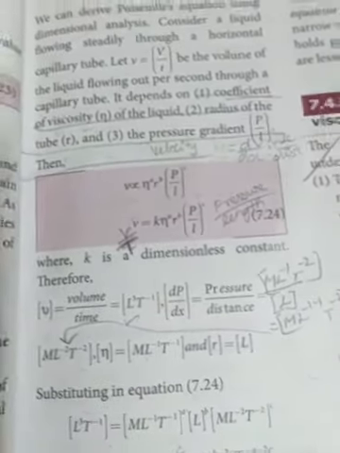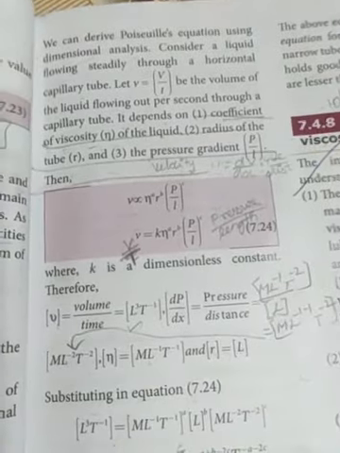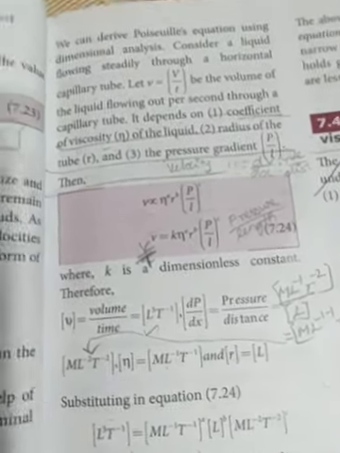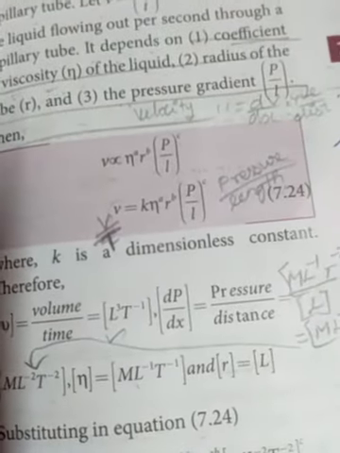V is volume per time, so its dimensional form is L cubed T to the power of minus 1.